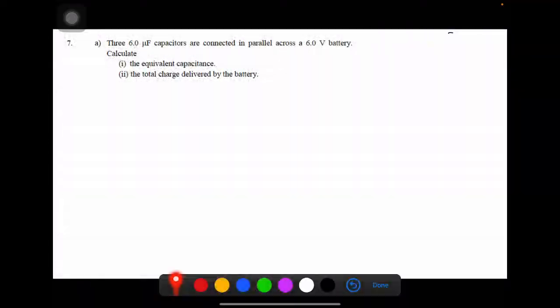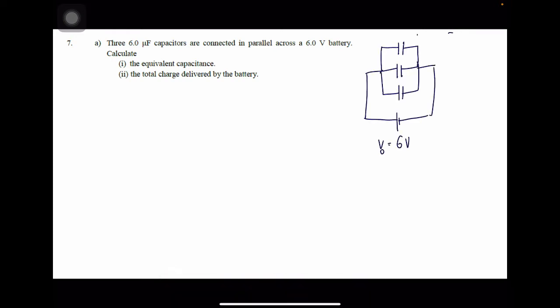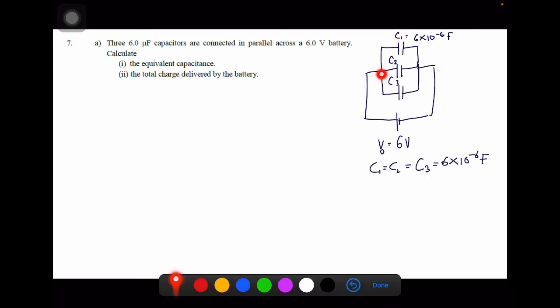Question number 7. 3 6 microfarad capacitors are connected in parallel across a 6 volt battery. Calculate C equivalent and the total charge delivered by the battery. So draw the circuit. This is a circuit that shows 3 parallel capacitors, each with the same value, 6 times 10 to the power of negative 6, connected to 6 volt.